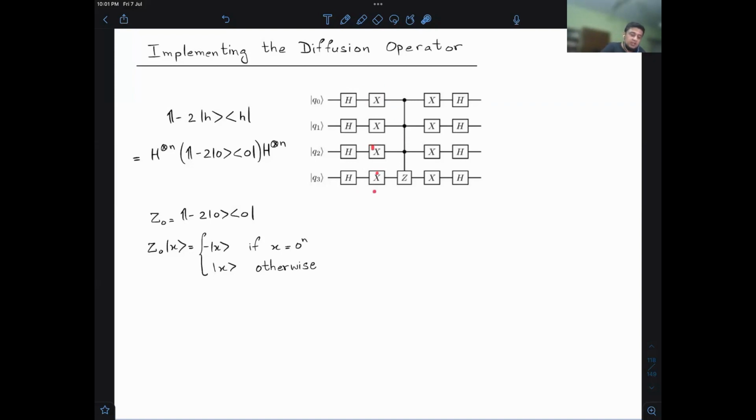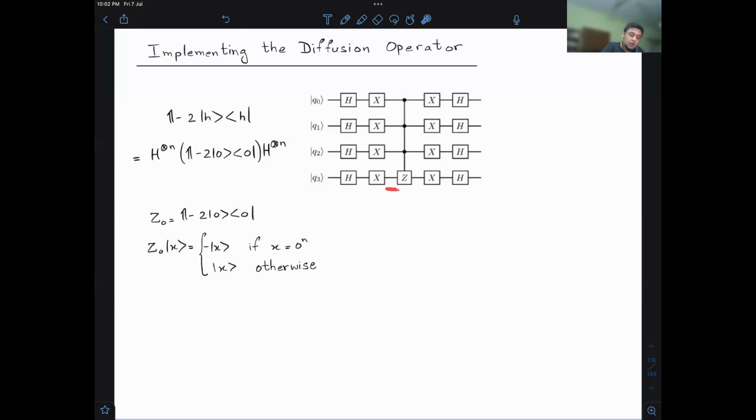So if all these states were 0, applying x to all of them will make them 1. So if all of them are 1, hence we are controlling on all of them. This is 1, this is 1, and this is 1. And now you might ask, why isn't there a control over here? We want this to be 1 as well. Well, if this was a 0 and we applied a Z transformation to it, nothing will change. It will remain 0.